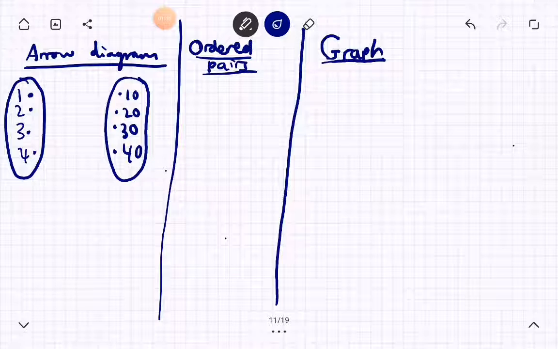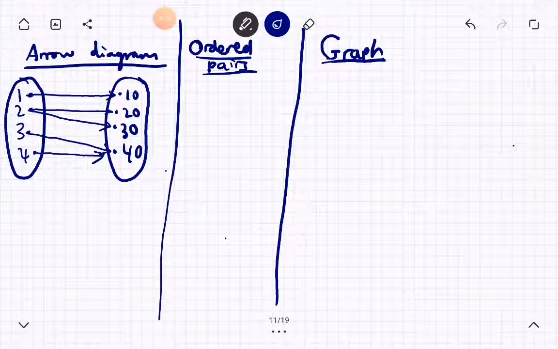And how these things are linked: 1 goes to 10, so this is a very simple relationship. But input 2 has 2 outputs. And then 3 and 4 share the same output, which is 40.